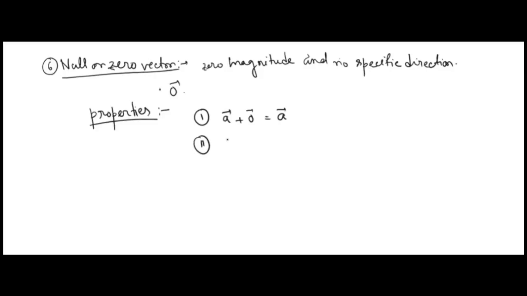Number 2, when a real number n is multiplied by zero vector, then you get zero vector. Number 3, when vector A is multiplied with zero vector, then you get zero vector.